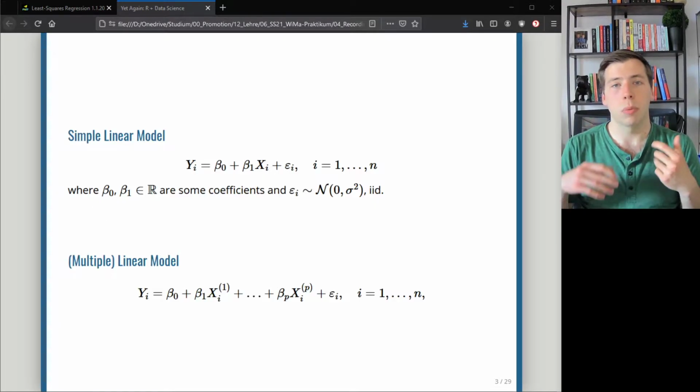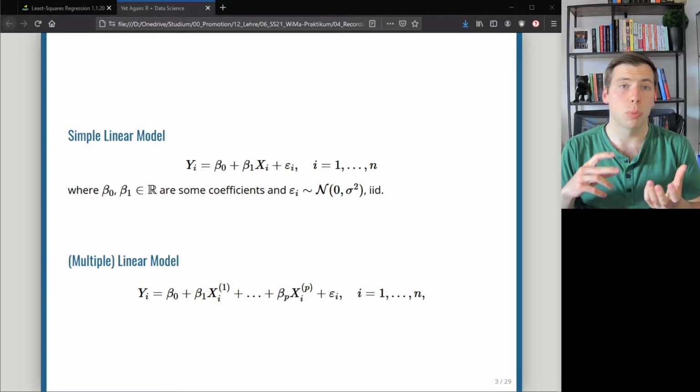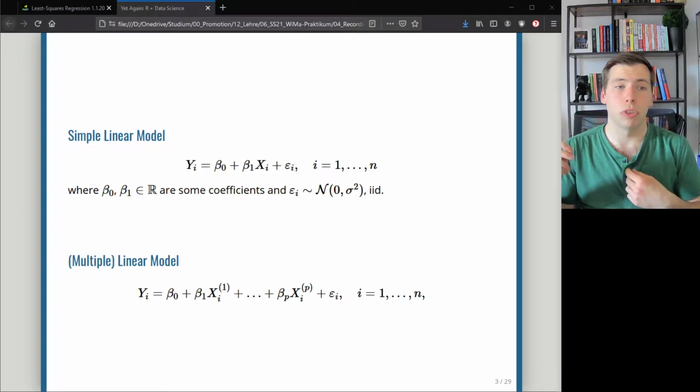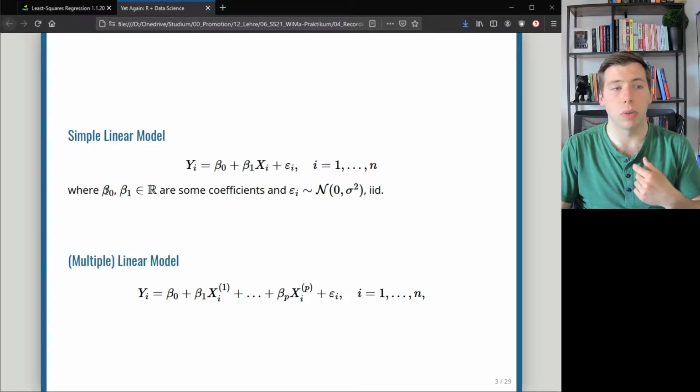When we talk about linear models, we try to restrict our function f to be a linear function with respect to some parameters. For a simple linear model, we have only beta naught and beta 1, which are two coefficients, and these form a linear function with respect to the parameters, depending on our predictor, in our case the speed, plus some random fluctuation.